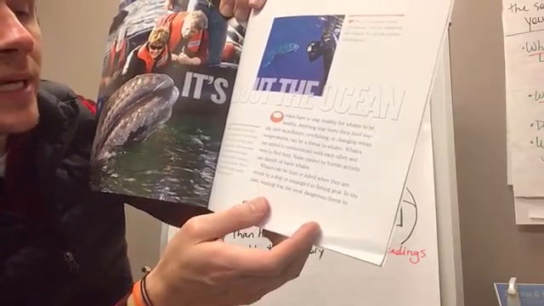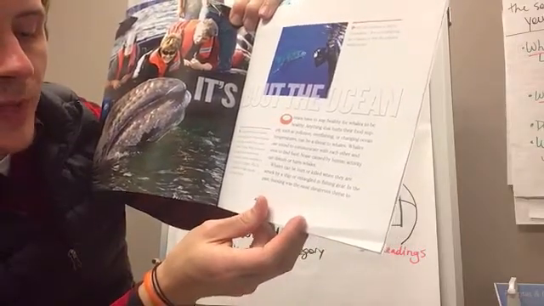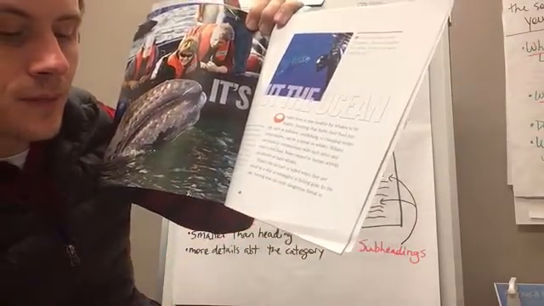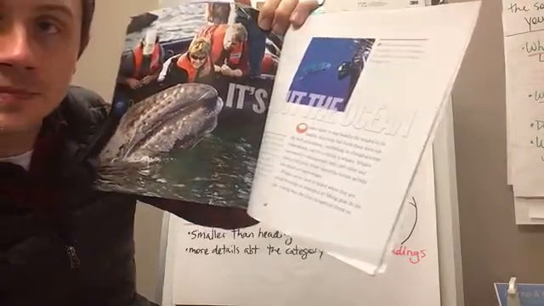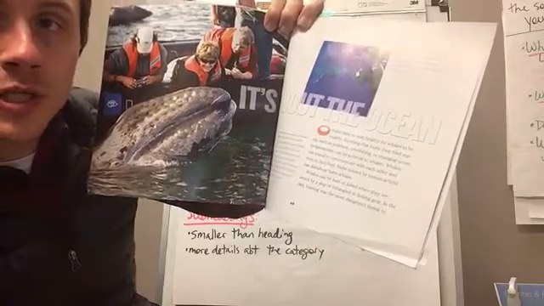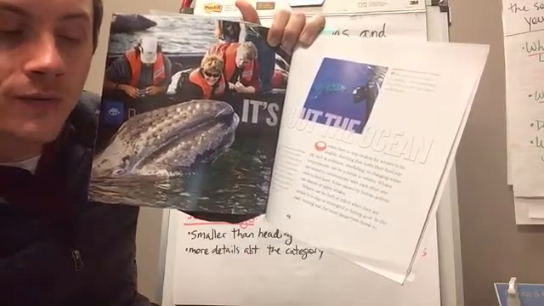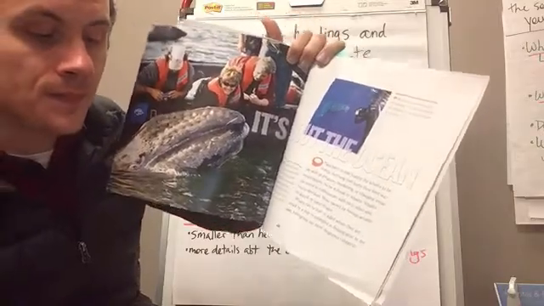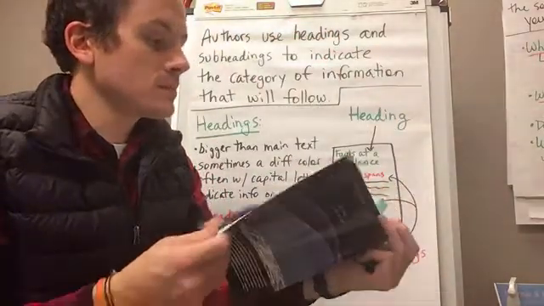Noise caused by human activity can disturb or harm whales. So why do you think the author then used this heading? Well, as mentioned, it is to inform us of what kind of information, the category of information, is to come.